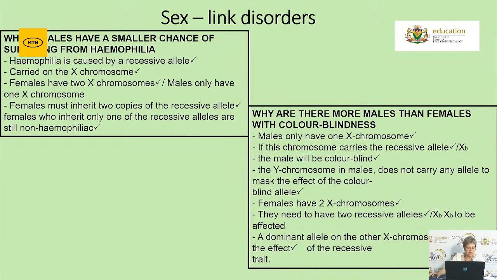So if they have the recessive allele on one of the X chromosomes, they have another X chromosome that can mask the other one. With males, they only have 1 X chromosome that can carry a recessive allele. So if they have the recessive allele, the chance is 100% that they will have the sex-linked disorder. So please look at this. It's a popular question. It is there in the question paper, especially when there are sex-linked disorders.